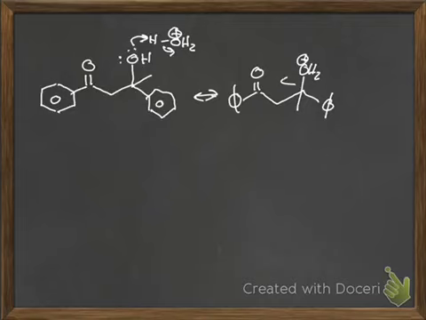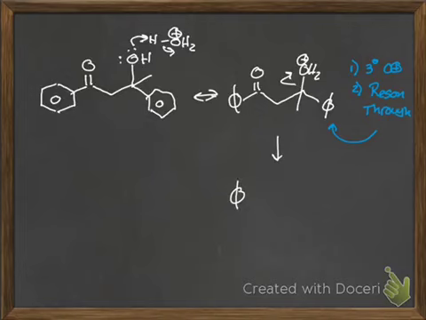This serves as a nice leaving group for two reasons. One, it's a tertiary cation that forms, and two, it is also resonance through this ring. So what we form here is this.